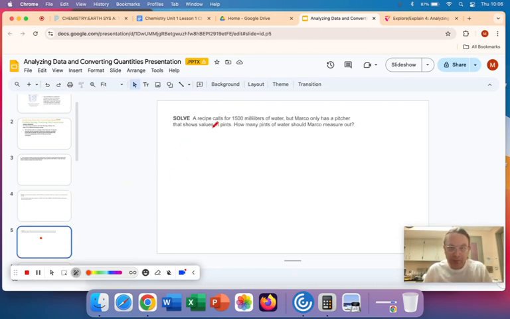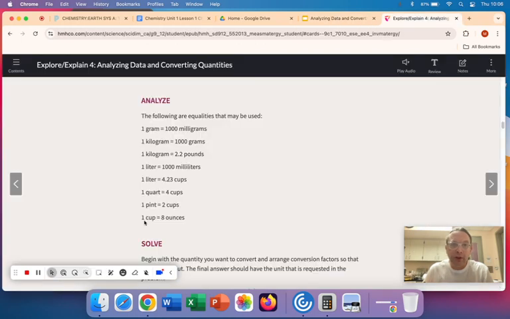Okay. The recipe calls for 1,500 milliliters of water, but Marco only has a pitcher that shows values in pints. How many pints of water should Marco measure out? Okay, so we have to relate milliliters to liters, I assume.